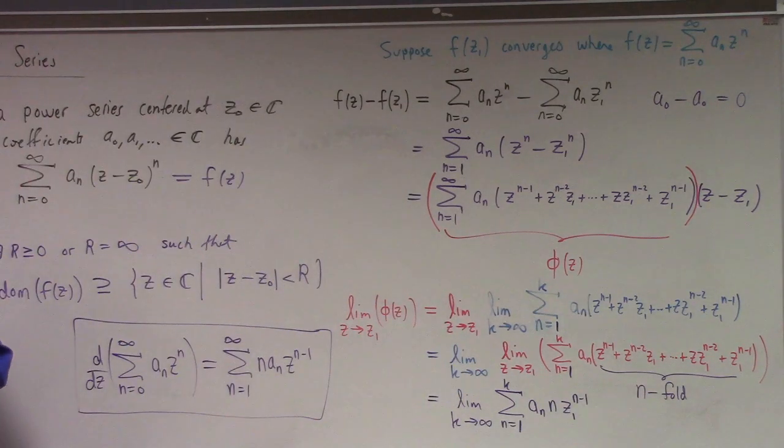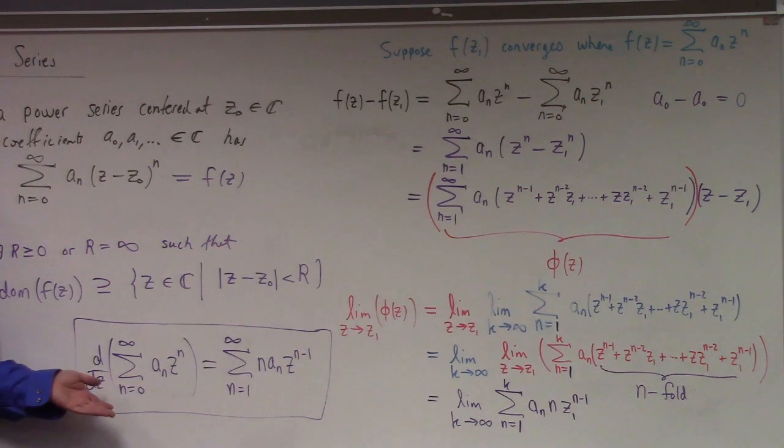So this is very exciting because this means that any power series is holomorphic on its domain because it has a derivative. And not just that, the derivative we can calculate like polynomials, right? What's the derivative of hyperbolic tangent of z? I don't know.